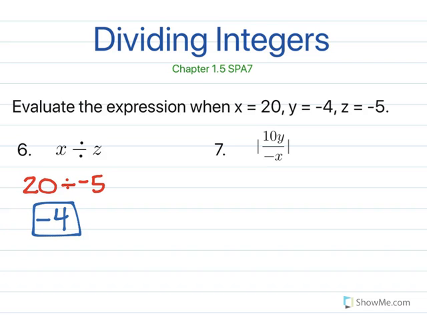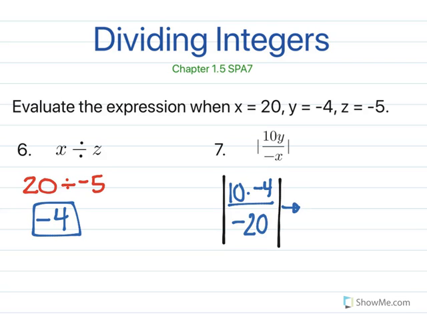Now 7 becomes a little bit more tricky. We have our absolute value signs, right? And we have 10 times y, which is negative 4, divided by negative x, which is 20. So divided by negative 20.